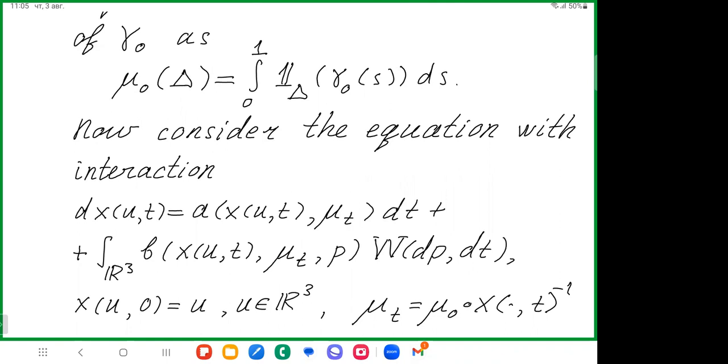I must say that the interaction between parts of the curve was introduced into the equation for its motion firstly by Landau and Lifshitz in their well-known filament equation, but they considered only interaction with infinitesimal neighbors.